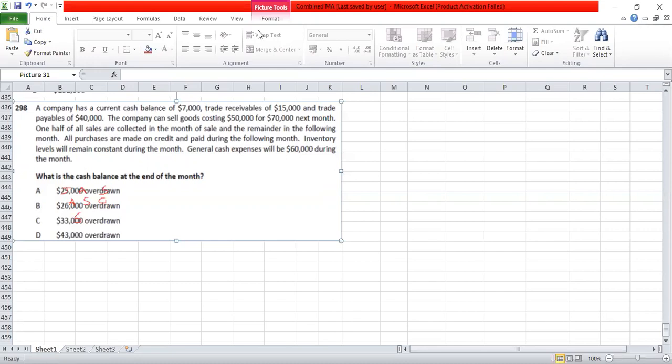So it's a question which has the receipts part of it, collections part of it, and also asks us to find out the cash balance at the end of the month. A cash budget has three sections.